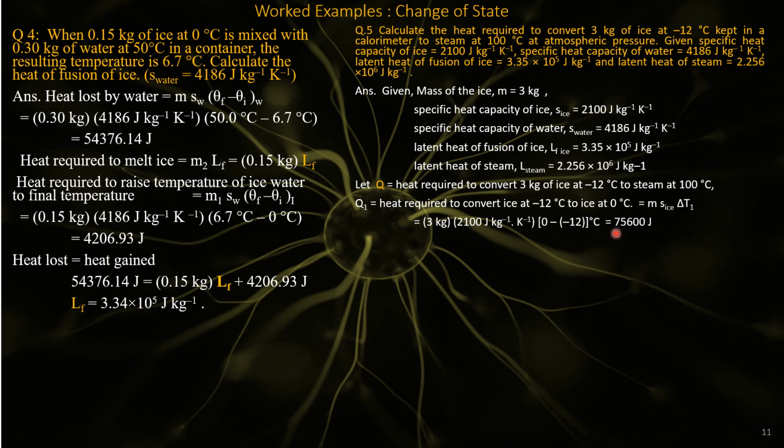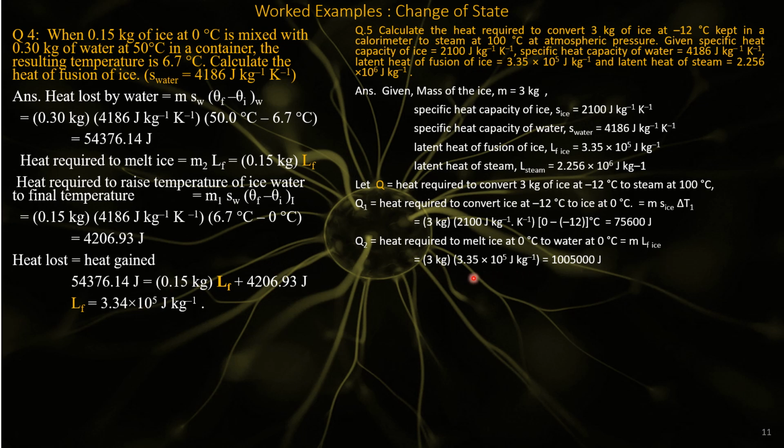Substituting the values, we get Q1 as 75,600 joules. Q2 is equal to heat required to melt ice at 0 degrees Celsius to water at 0 degrees. That is constant temperature. Therefore, it is given by m into LF, latent heat of fusion of ice.